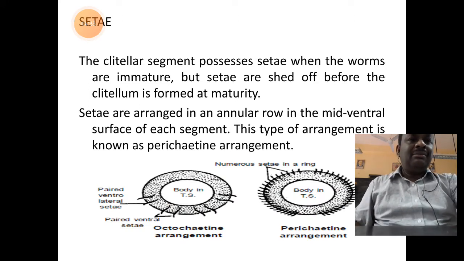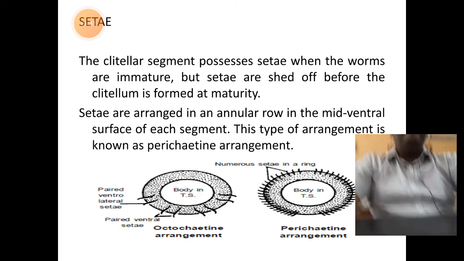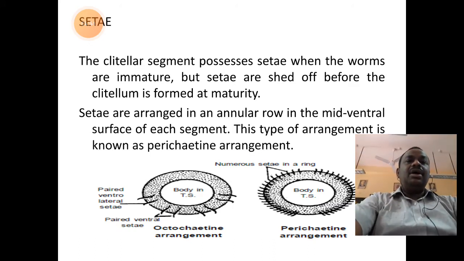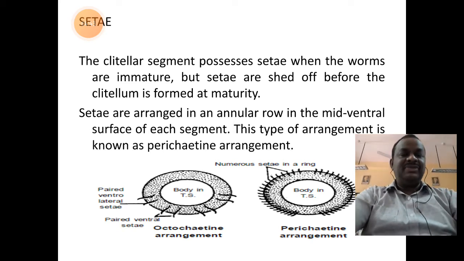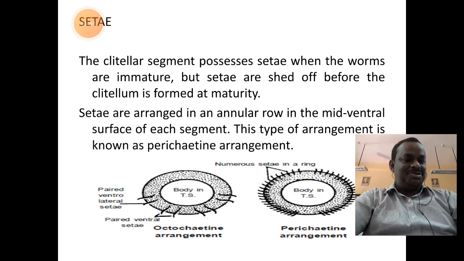The clitellum segment will have the presence of the setae or chaetae during the immature stage. But once after its maturity, the setae get shed off from the clitellum region.